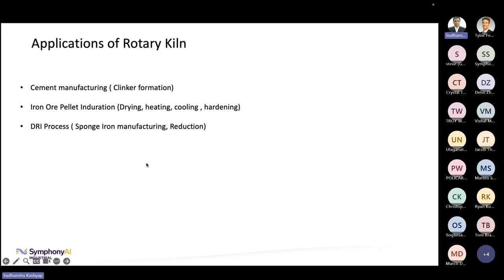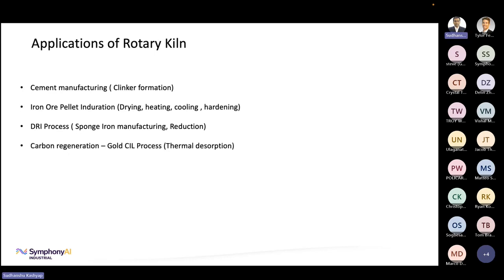And again, in iron manufacturing industries, the direct reduced iron process, which is the making of sponge iron from iron oxide, involves a rotary kiln process. And one of the use cases we are going to cover today will be on the DRI process.